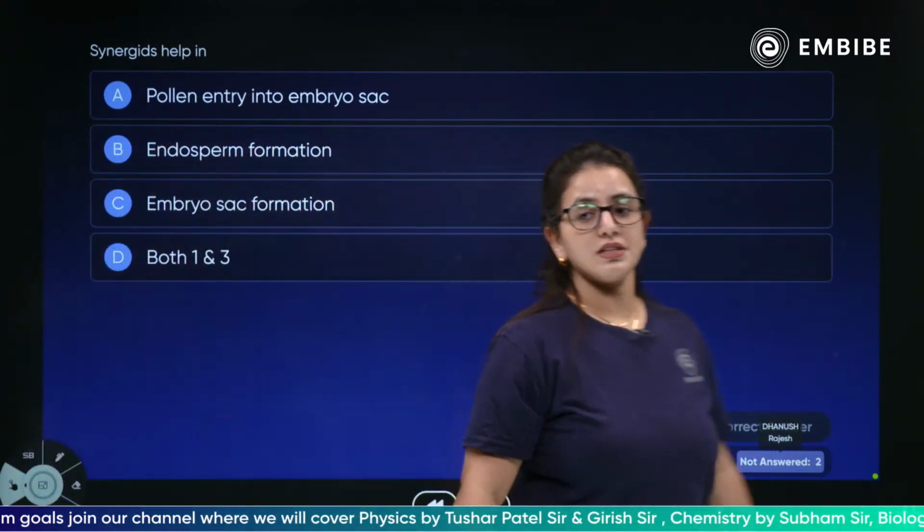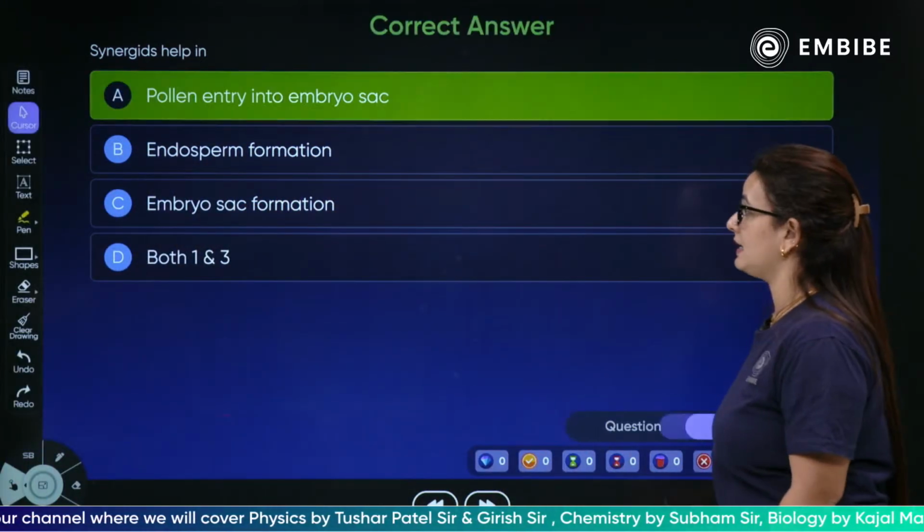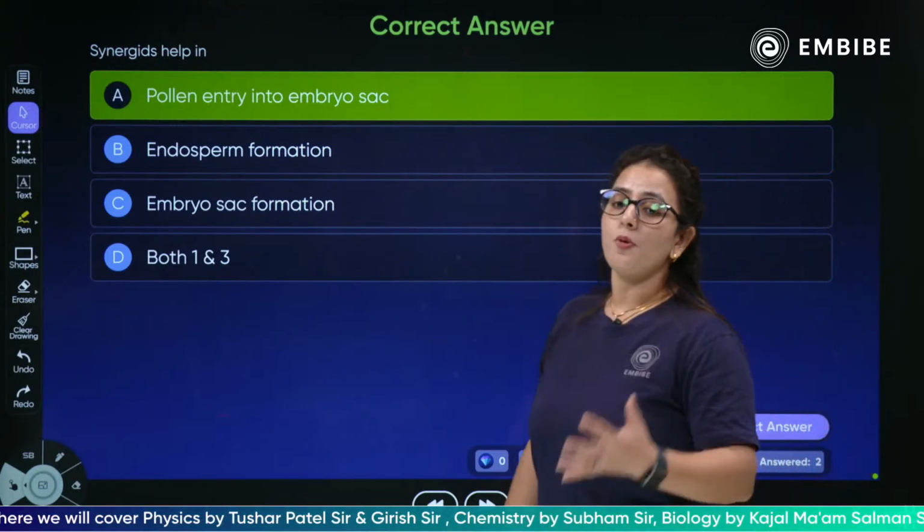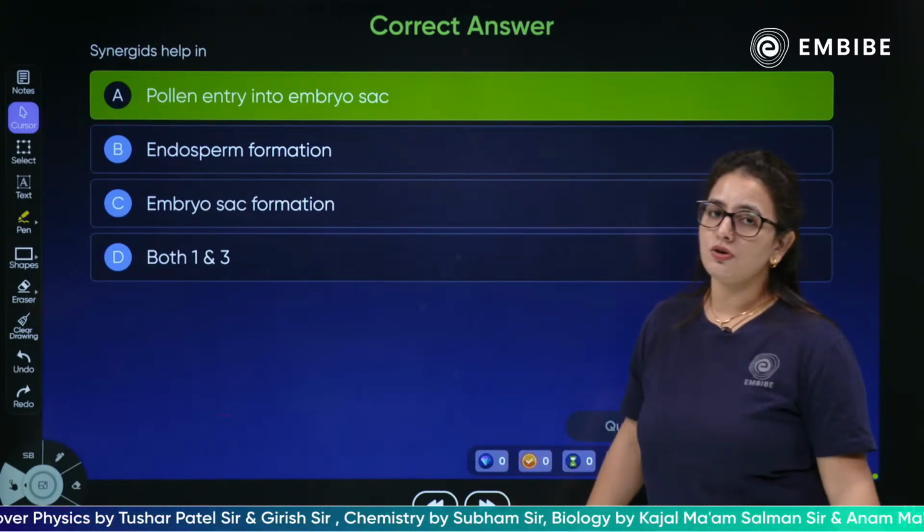Yes, the function of the synergid cells is to basically help in the pollen entry into the embryo sac.